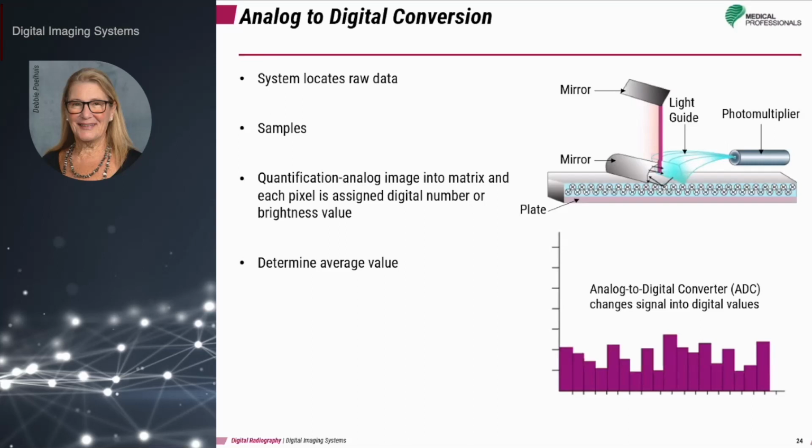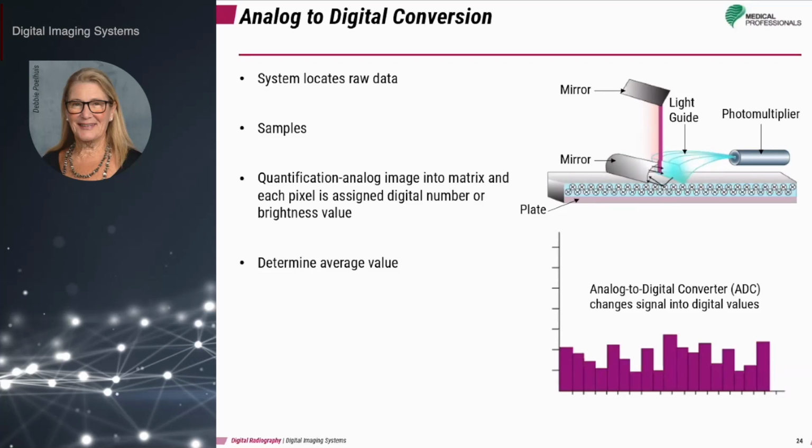In this process, each phosphor storage center is scanned and the released electrons enter the ADC that divides the analog signal into a matrix. And each pixel in the matrix is assigned a digital or numerical or brightness value that represents the amount of light that was emitted from the surface of the imaging plate during scanning.